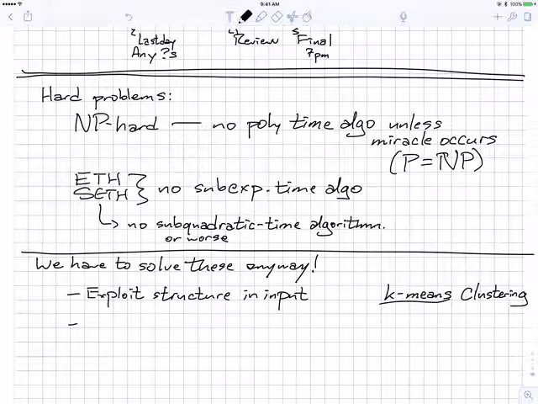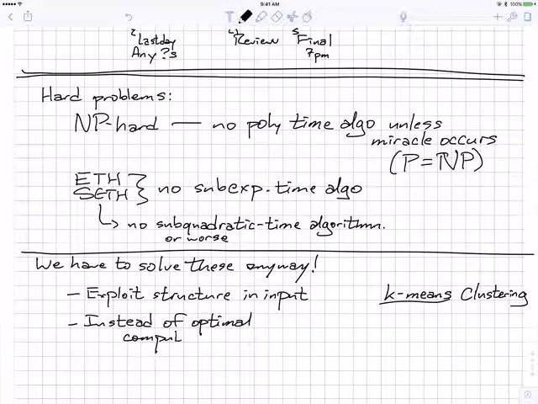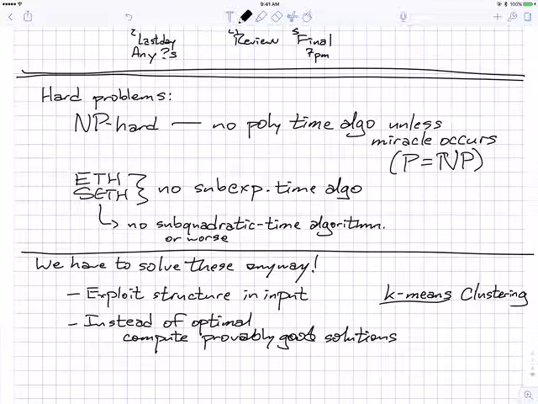Okay, so instead of optimal solutions, compute provably good solutions. Now, of course, this requires a definition.